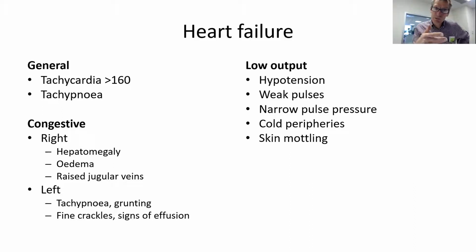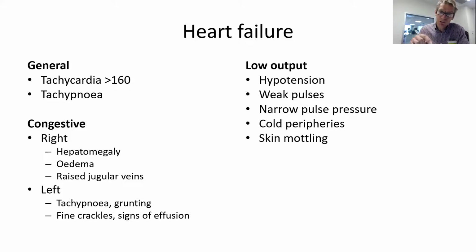That means if the right heart's congested, as in not pumping strongly and not emptying well, then the central venous pressure will be higher, and that will lead to back pressure and congestion of the liver and edema, sometimes ascites, and a raised jugular venous pressure. And so they're signs of congestive right heart failure.